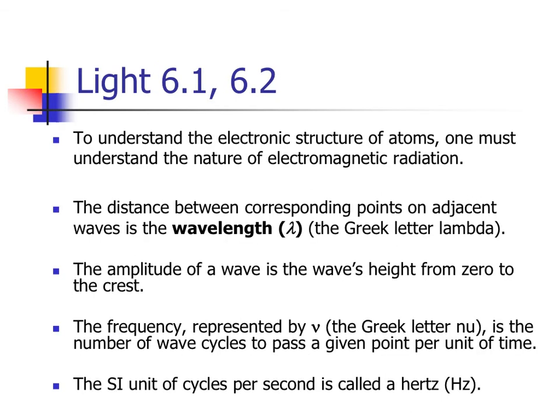So, to understand at least some of the quantum mechanics that we are going to cover, we need to talk about some other things, and that's called electromagnetic radiation, better referred to as light.